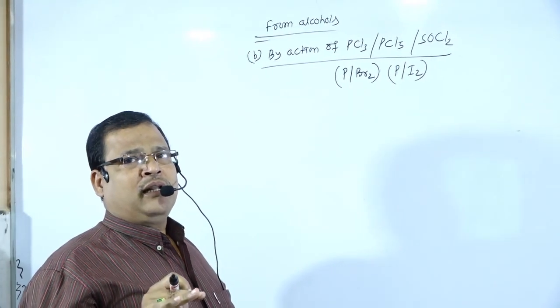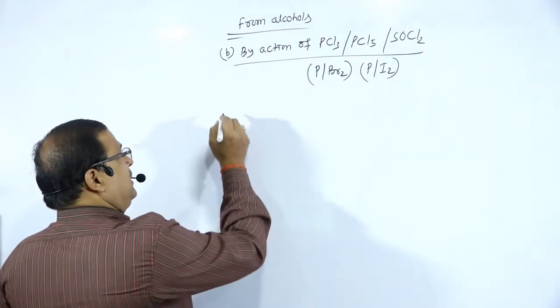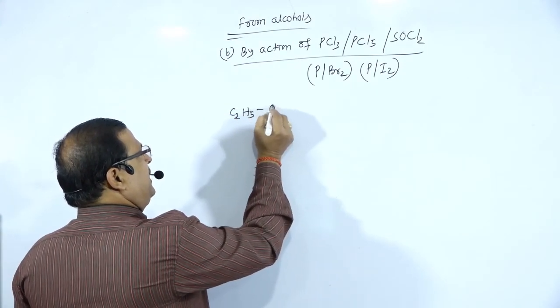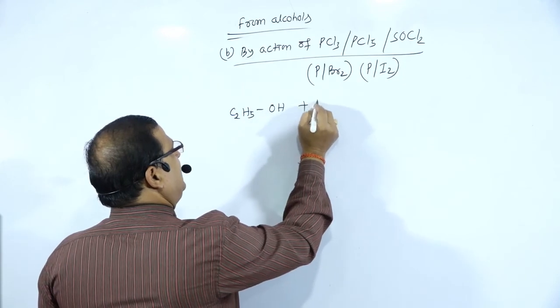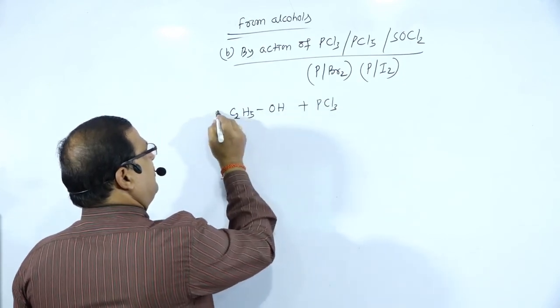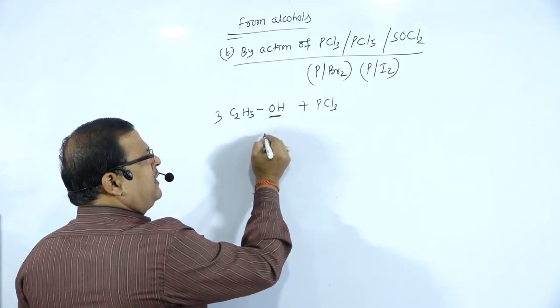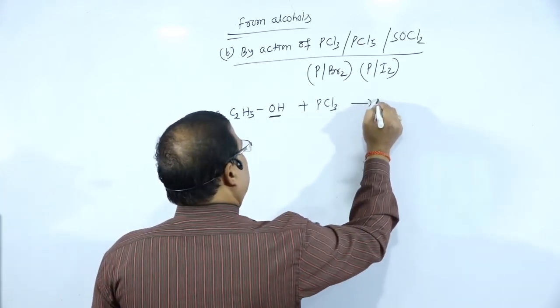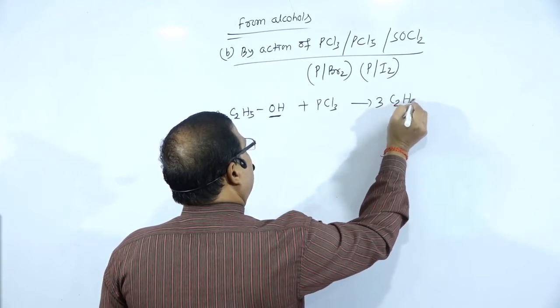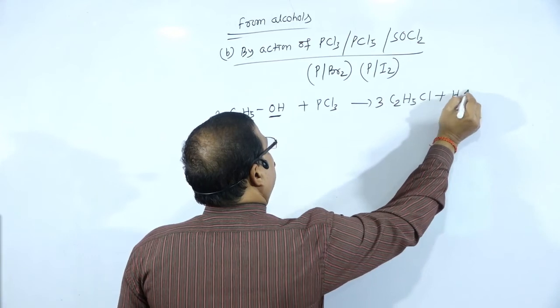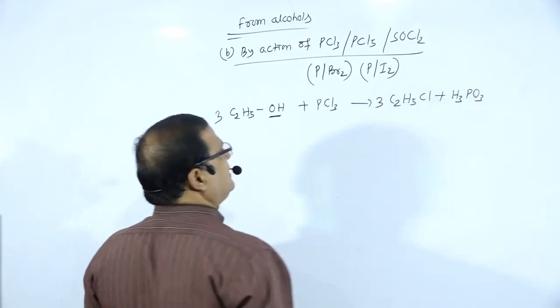So, ethyl alcohol, C2H5OH, is treated with PCl3. Three molecules of it are taken, the OH group is replaced by chlorine, so there is formation of three molecules of C2H5Cl plus H3PO3, which is a side product.